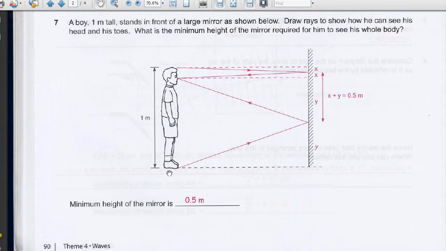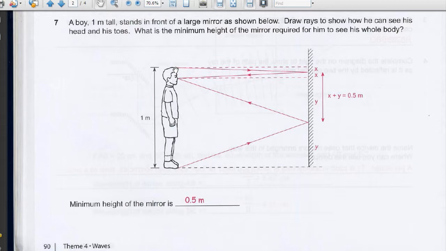For this question, the first thing you have to do is to locate the toes, the top of his head and the eyes. The eyes are where he actually receives the reflected rays from the toe. So the first ray that I draw is from the toe, hitting the mirror and going to his eyes.